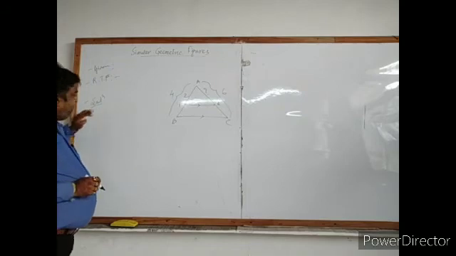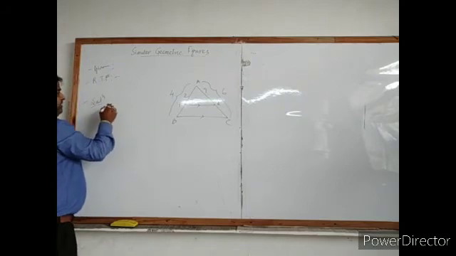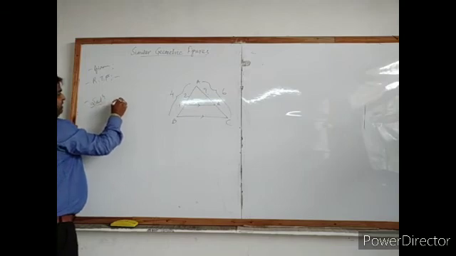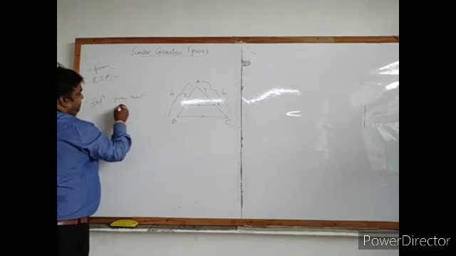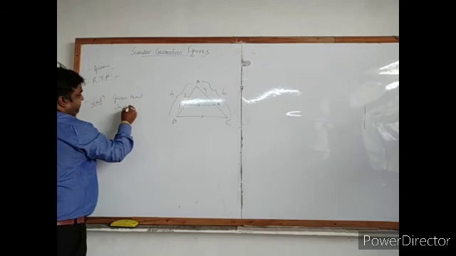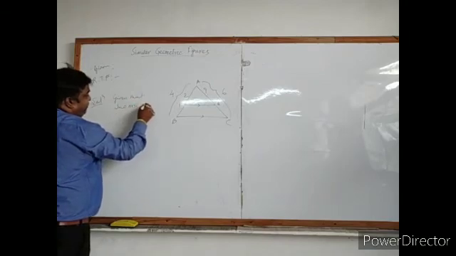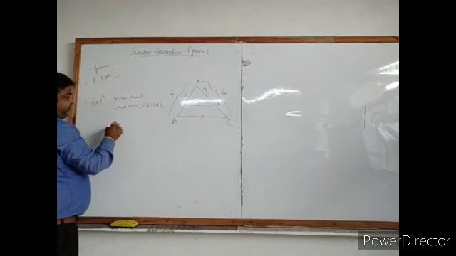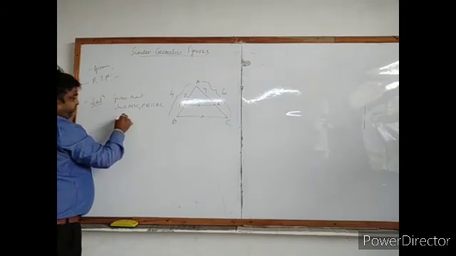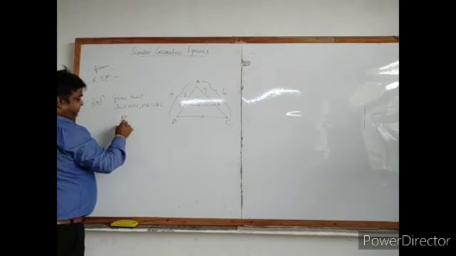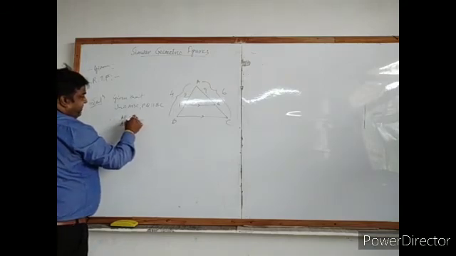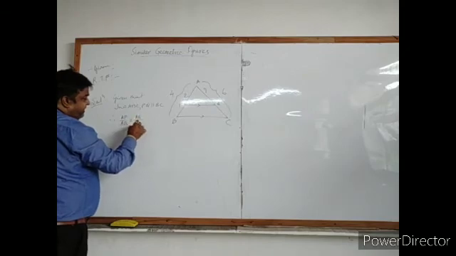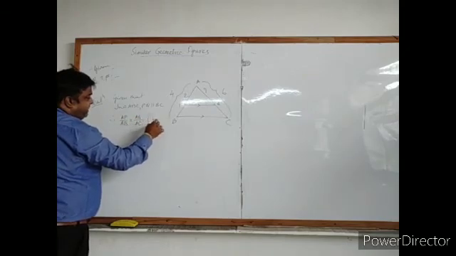So solution: since it is given that in triangle ABC, PQ parallel BC, therefore AP by AB equal to AQ by AC. That is by BPT we can write.